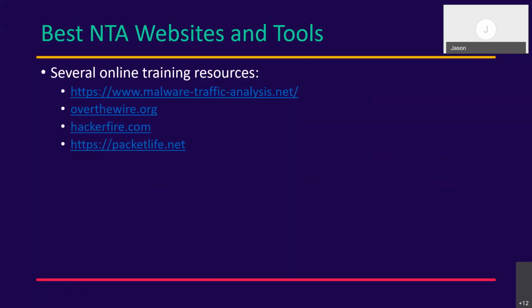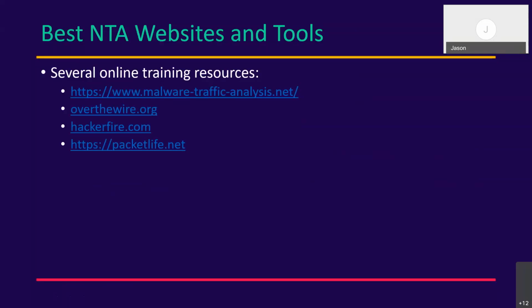Two other sources are Over the Wire and HackerFire. These are more CTF style websites, but some of their challenges do include network traffic analysis. So they may have some challenges where you download the PCAP file and try to solve the challenge for points. And then another really good resource is packetlife.net.